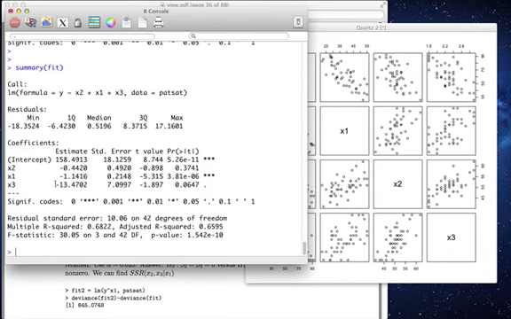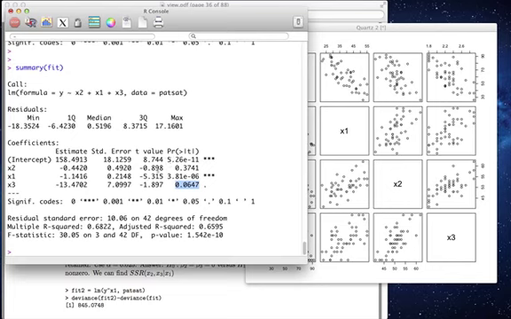If x3 were indeed 0, the chance that we would observe a regression coefficient this extreme or more extreme would happen often enough, so about 6.5% of the time. Therefore, we can't reject the null hypothesis that x3 is 0. So we could potentially drop that term.